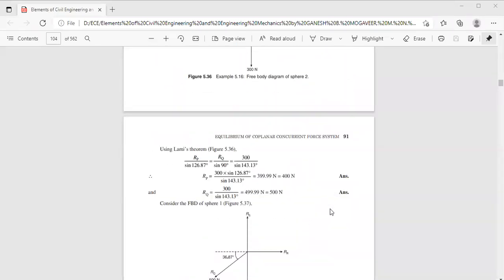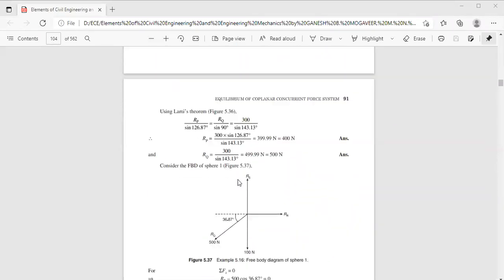Now let us check the free body diagram of sphere 1. You have a reaction RR, and a reaction in the upward direction, RS, and the RQ value I have found, 500 Newton, and this angle you already found, 36.87, and the weight of the sphere acts vertically downwards. Since four forces are acting here, we cannot apply Lami's theorem; we have to apply the equilibrium condition.